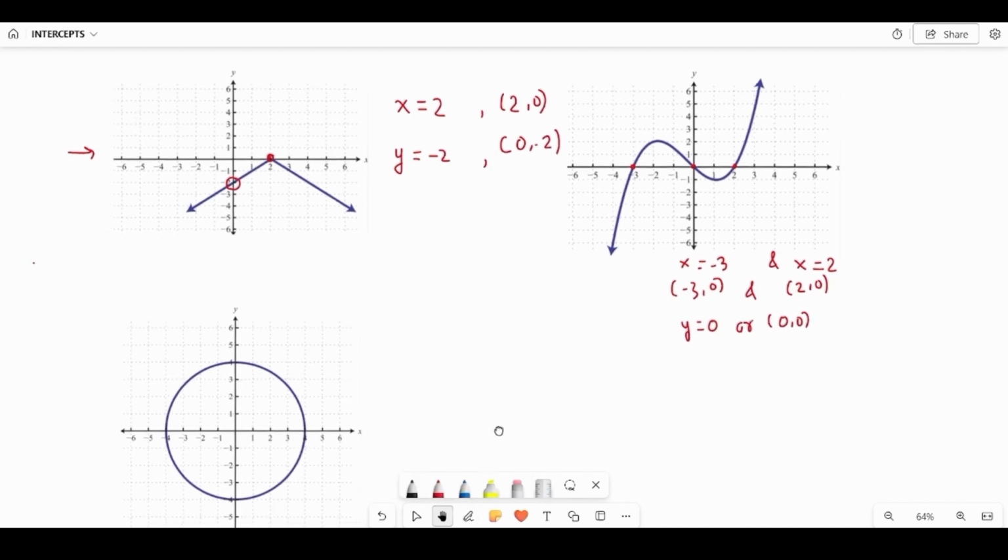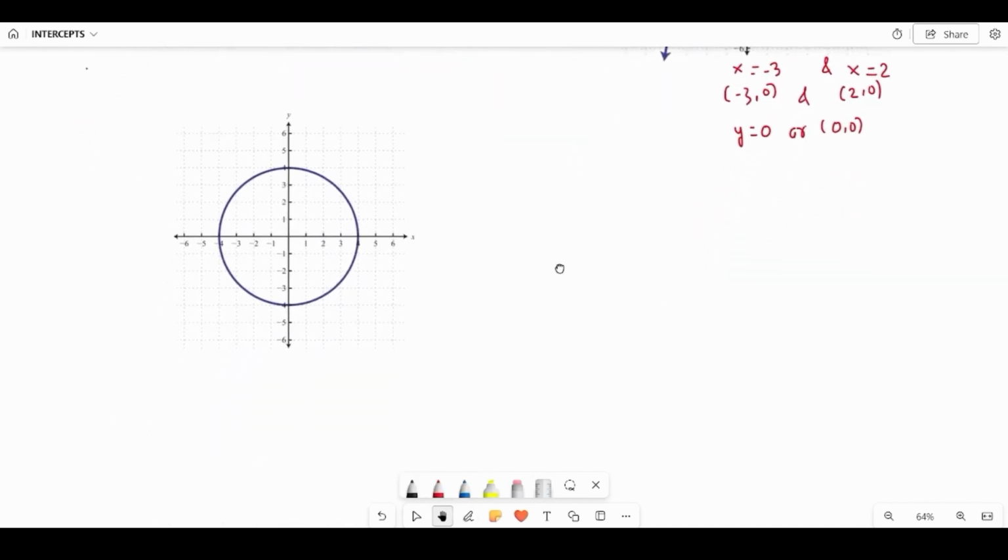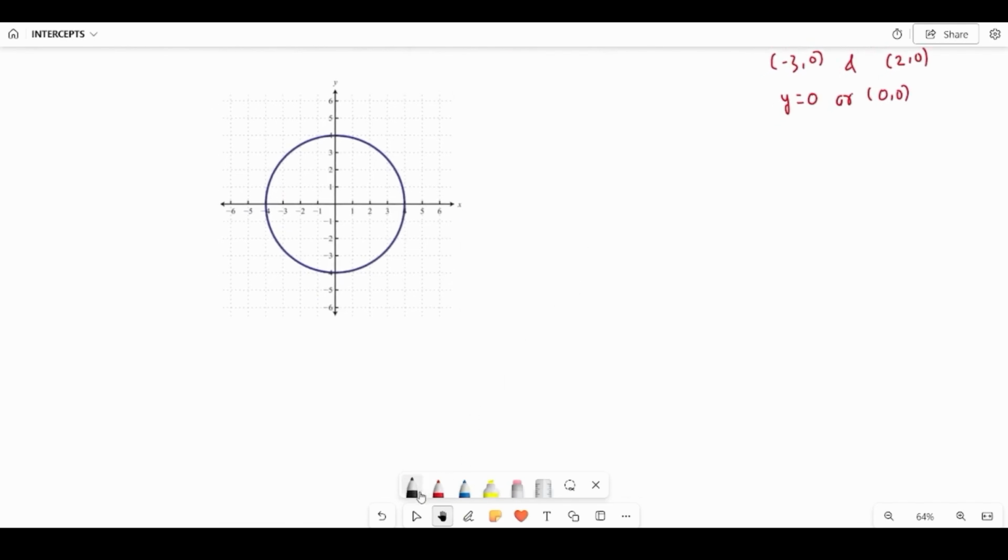Now here comes the last question from intercepts. Here you can see that the graph is touching the x-axis at 2 points again, which are negative 4 and 4. So these are your x-intercepts, and in ordered pair you can write them as (-4, 0) and (4, 0).